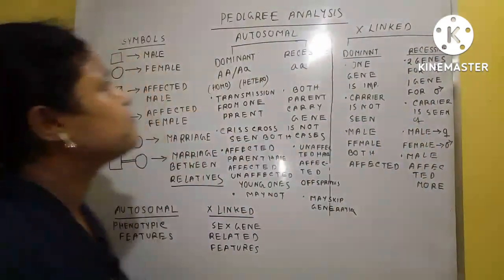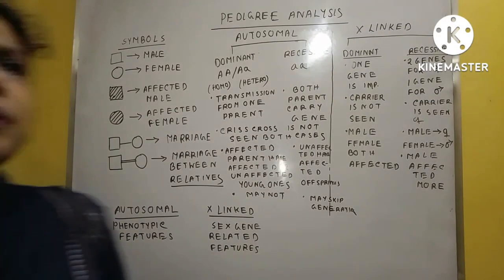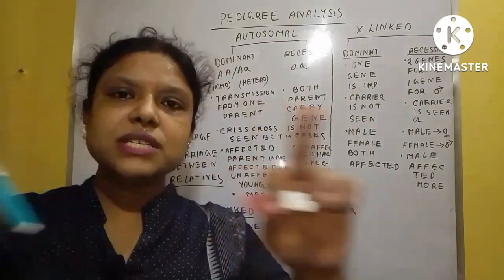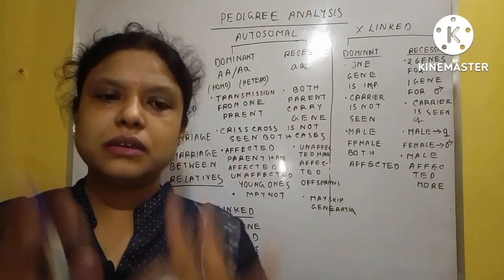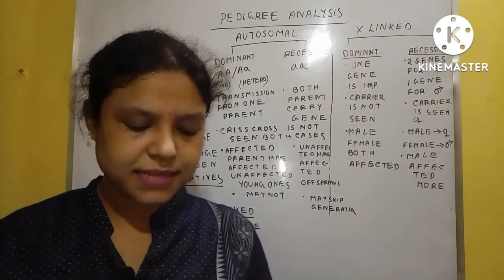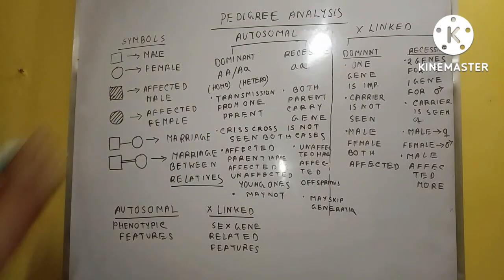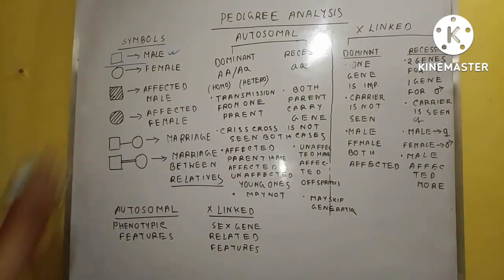Here, first understand the symbols. We draw the pedigree tree by using some symbols. The square symbol is the male, and the circle is for female.